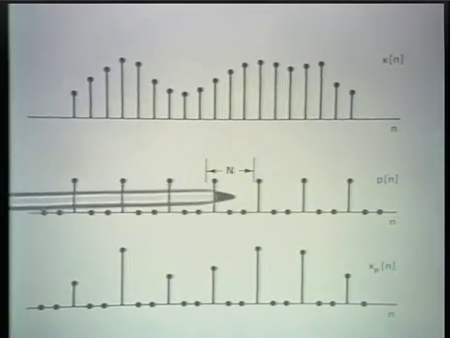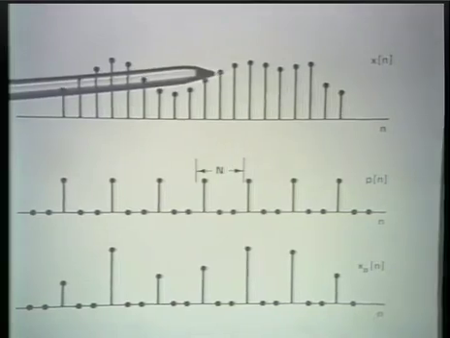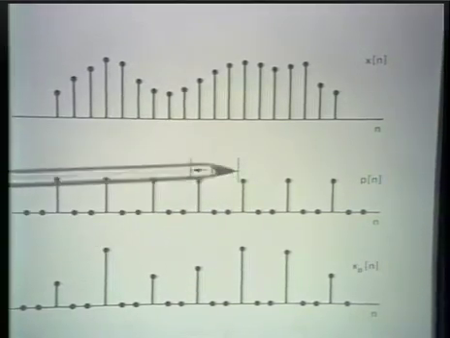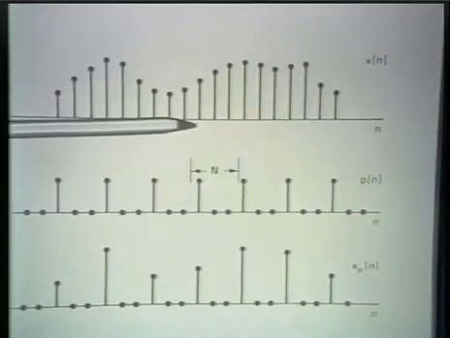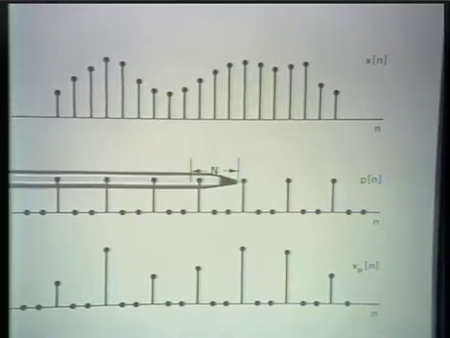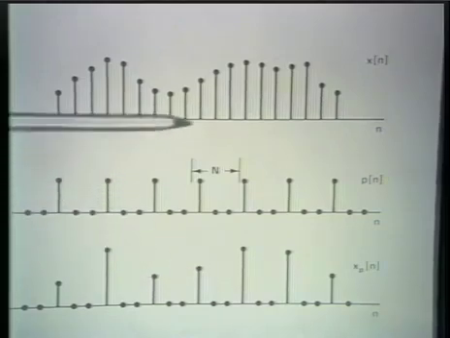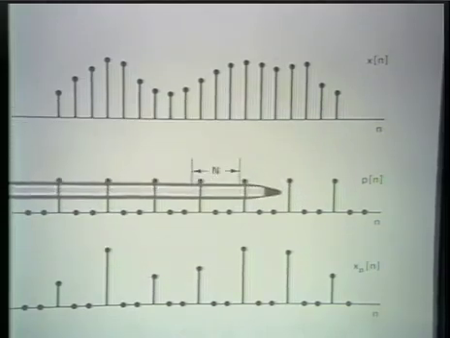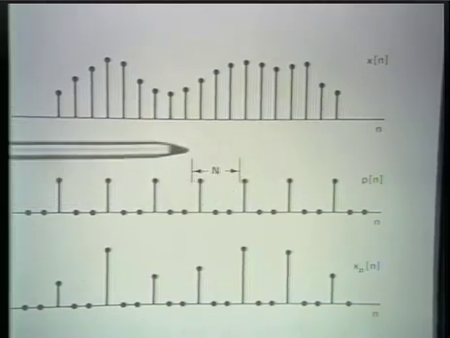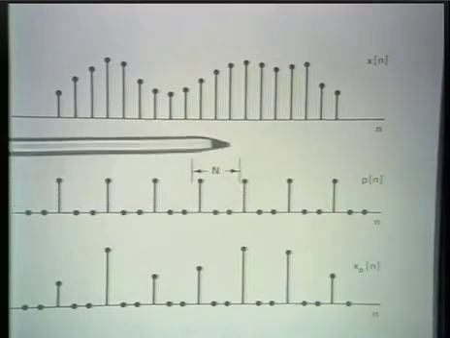And so as you can see, multiplying this by this essentially pulls out of the original sequence sample values at the times that this pulse train is on. And of course here I've drawn this for the case where capital N, the sampling period, is equal to 3.